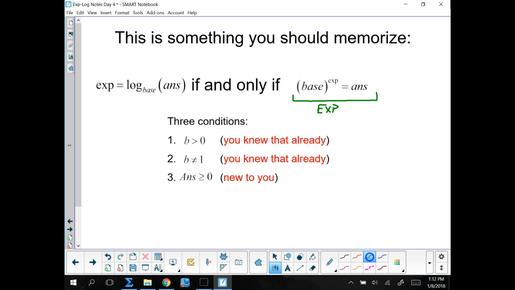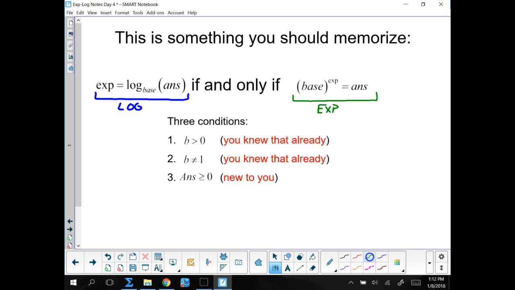We got a base, we got an exponent that equals some number. The logarithmic form of that very same equation looks like that. We take our exponent, and that's what we set it equal to.